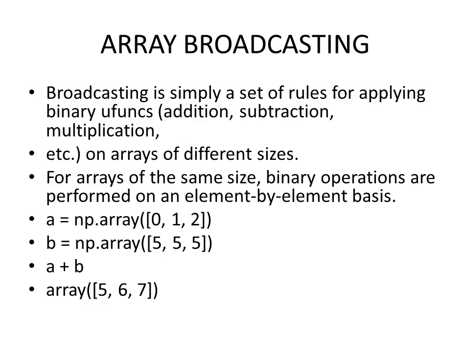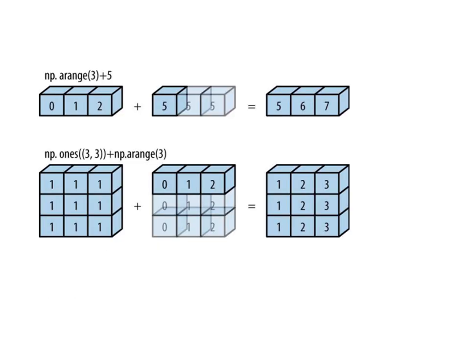If one array is of the same size and the other array is of different size, it duplicates the value. For example, 0 1 2 plus 5, which is a scalar, takes it as duplicate values for the other two columns, and it gives us the value 5 6 7. So that's one dimensional.